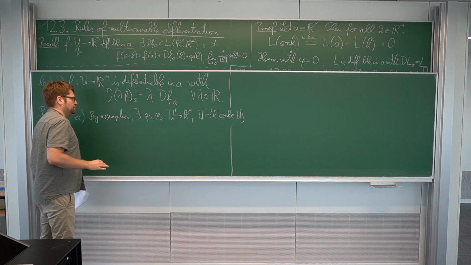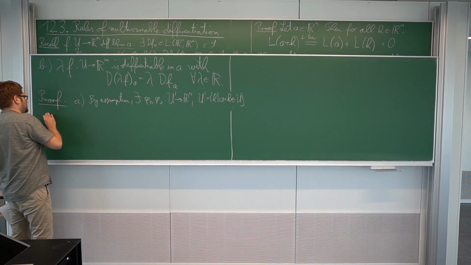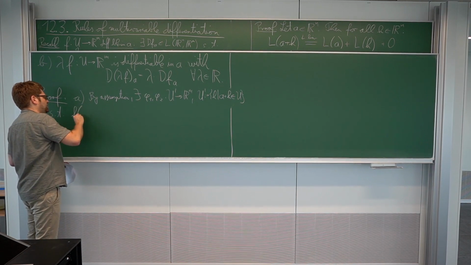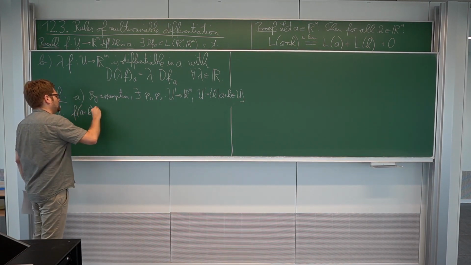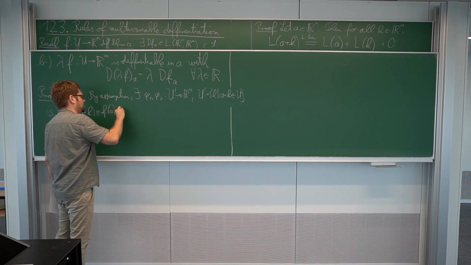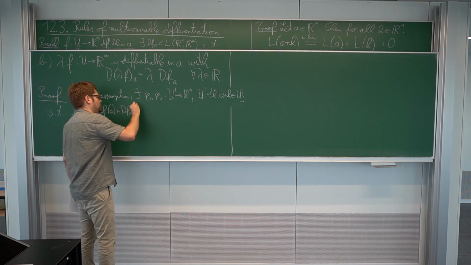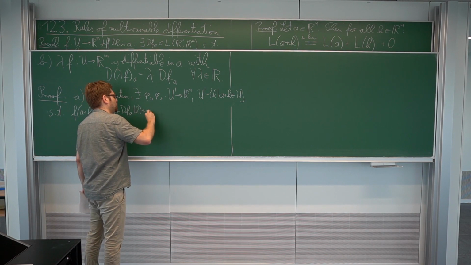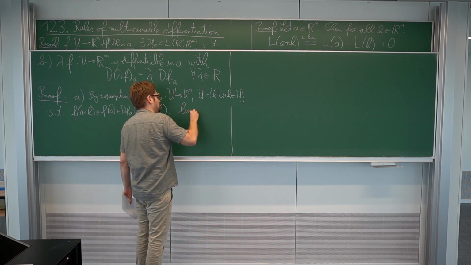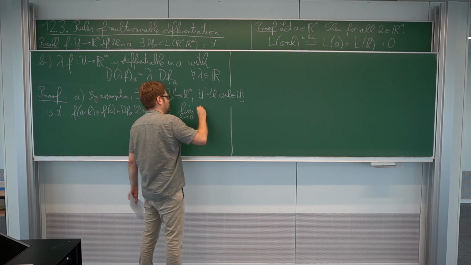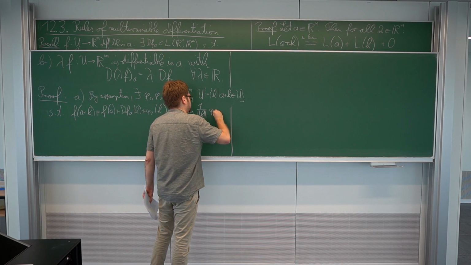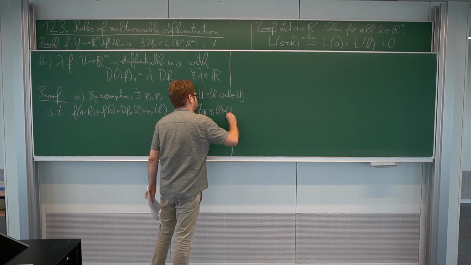So phi1 and phi2, such that f of A plus H is equal to f of A plus dfA of H plus phi1 of H, and the limit as H goes to 0 of 1 over the norm of H times phi1 of H is 0.